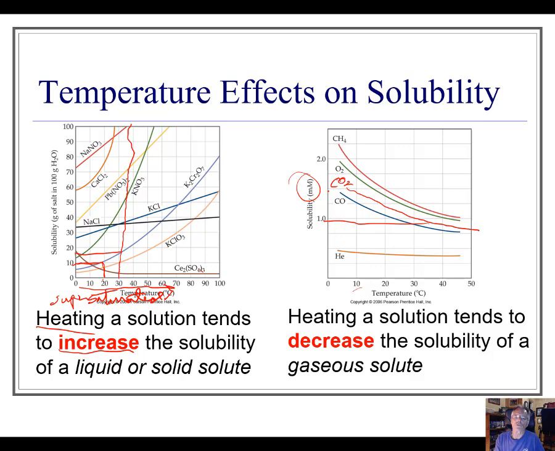So CO2, or any gas, really becomes less soluble as the temperature goes up. Okay? So gases less soluble at higher temperatures. Solids and liquids tend to be more soluble at higher temperatures. That makes solubility of solids and liquids endothermic.